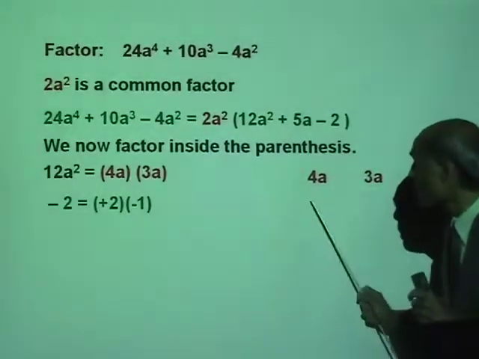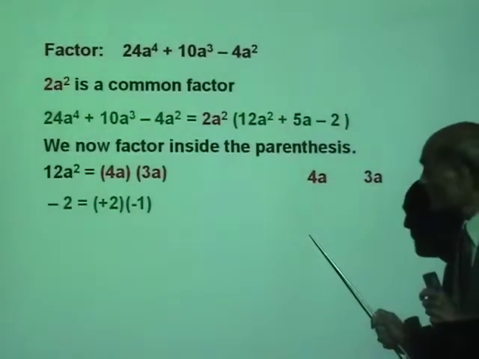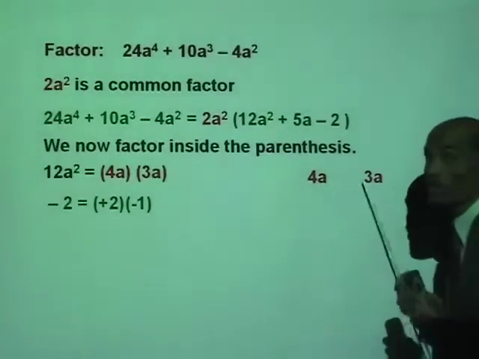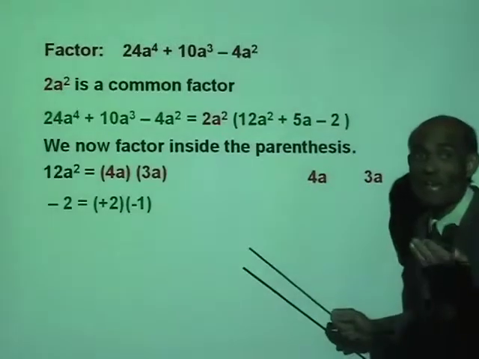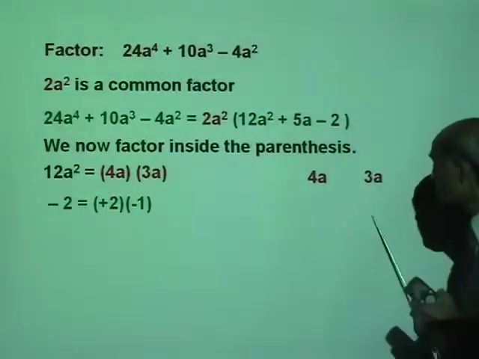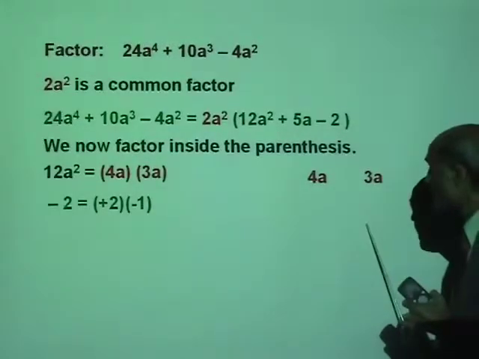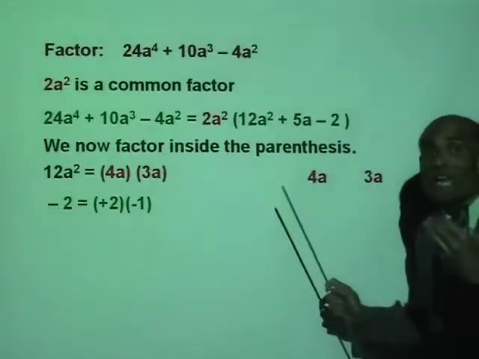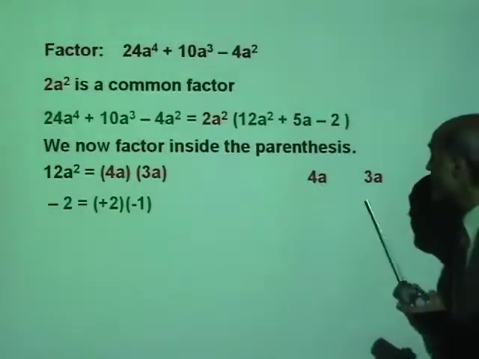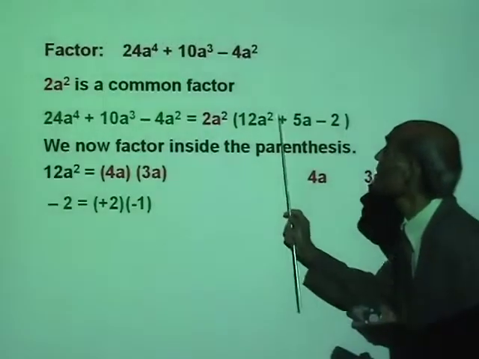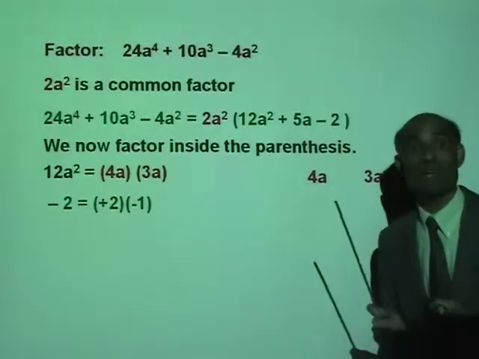Negative 1 goes below 4a, so that the negative 1 will multiply with 3a, giving me negative 3a. And I will write the positive 2 below 3a, so that the 2 will multiply with 4a, giving me 8a. And 8a minus 3a will give me the middle term 5a.